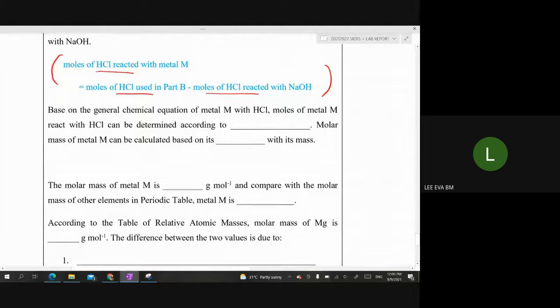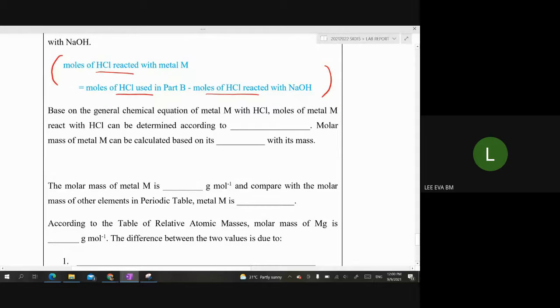It's a little bit different from our calculation just now because we were finding the mole of unreacted HCl. So dia punya cara lain sikit, tapi kita guna mole of HCl provided minus the mole of HCl used to get the mole of unreacted HCl. Yang ini terbalik. Dia nak cari HCl reacted, so using this formula. So if you want to find the mole of HCl unreacted, then it's the one that we used just now.